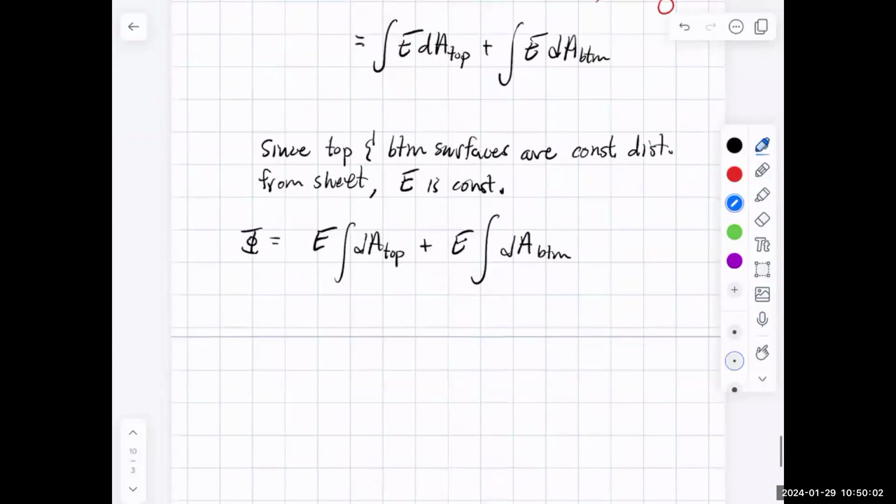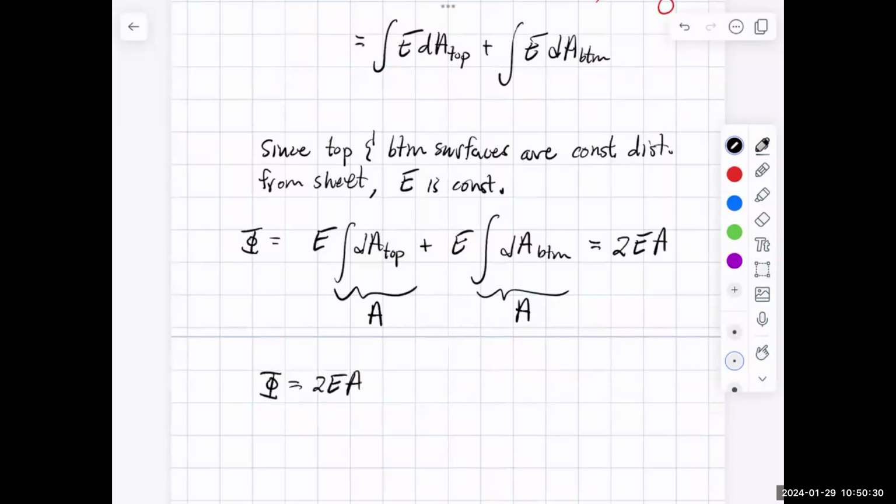Just like we did for the sphere, the integral of dA over the top surface just means find the total area of the top surface. So this is just A, and same thing for the bottom surface. And this is 2E times A. So the flux is equal to 2E times A.